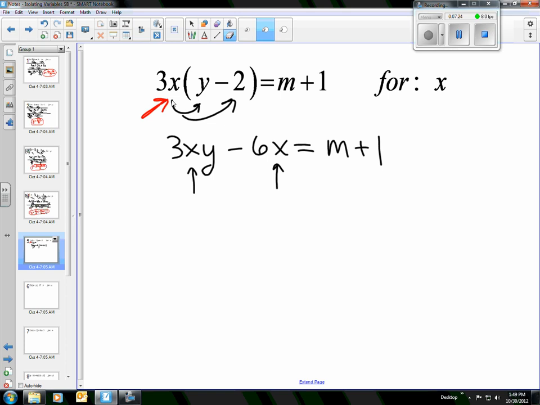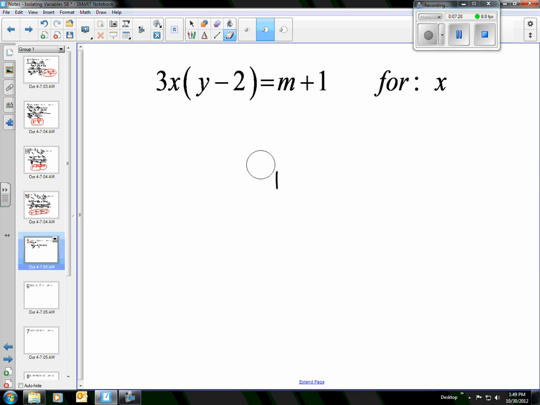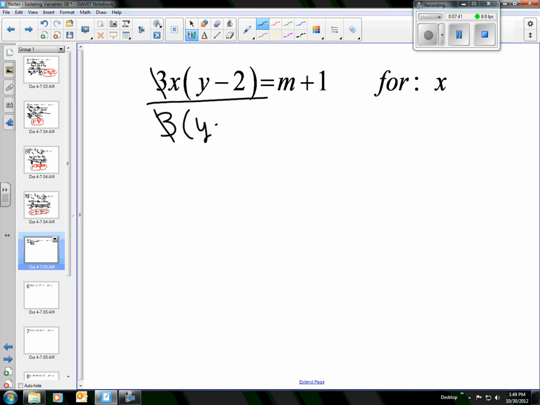What we really want to do is go back and divide by the quantity multiplied to x. So here I can divide both sides by 3. So 3 divided by 3 is 1. But I can also divide by the quantity y minus 2, since it's also being multiplied to x. So y minus 2 divided by y minus 2 is 1.